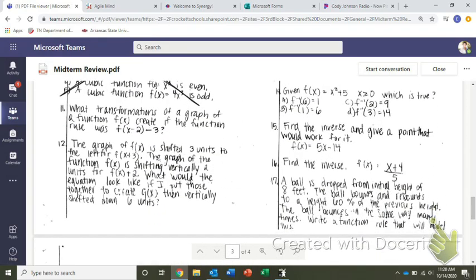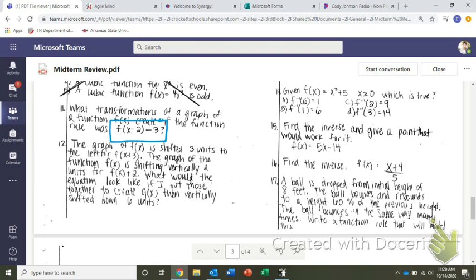Number 11 says, what transformations of a graph of a function f of x create if the function rule was f of x minus 2 plus 3? So remember, when it's on the inside of the parentheses, that's a horizontal translation. If it says x plus something, it's going to the left.